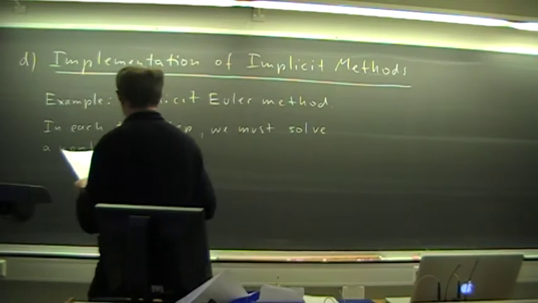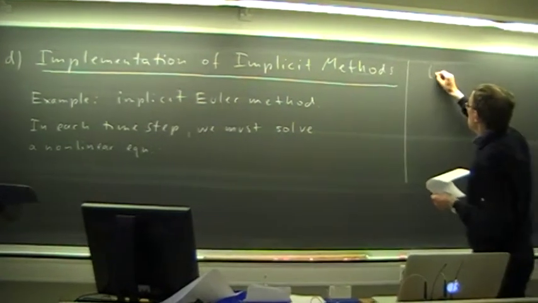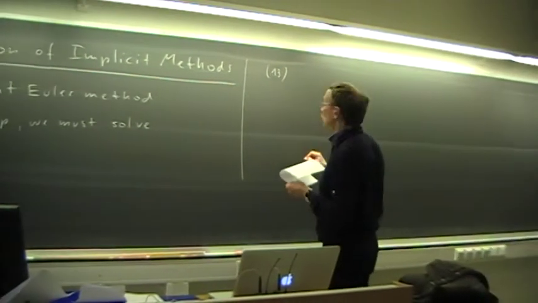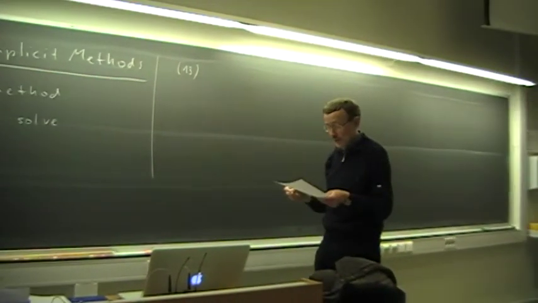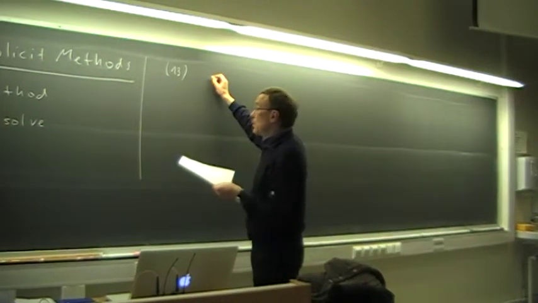That's because when we write the implicit Euler method in this form, we can see that it's an implicit equation, it's a nonlinear equation.